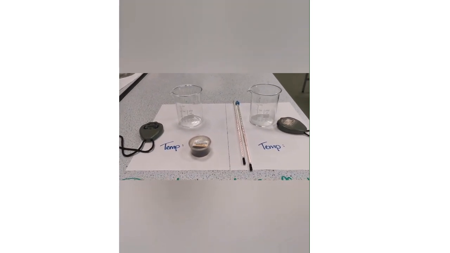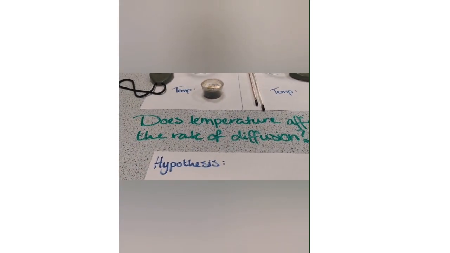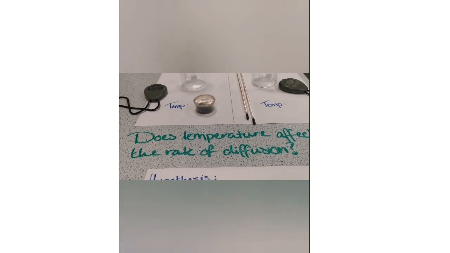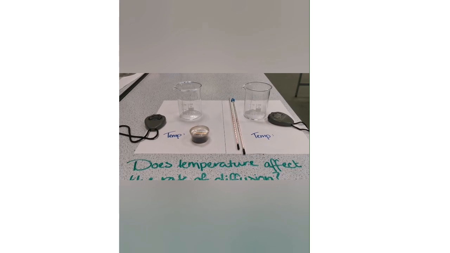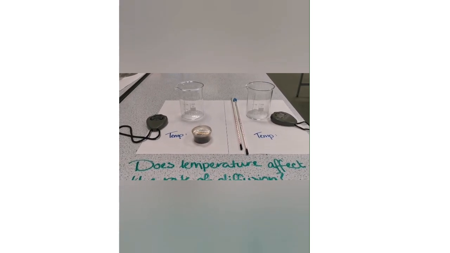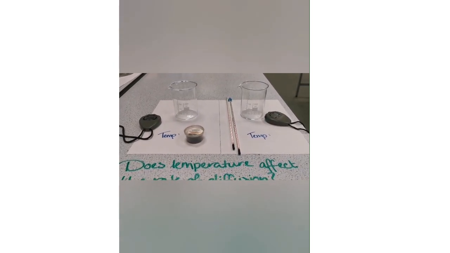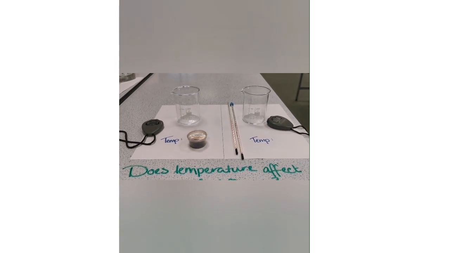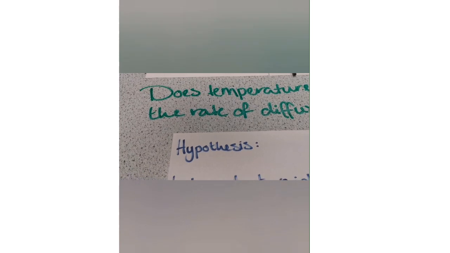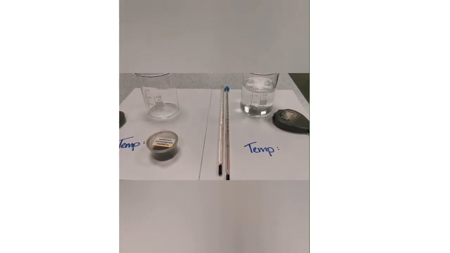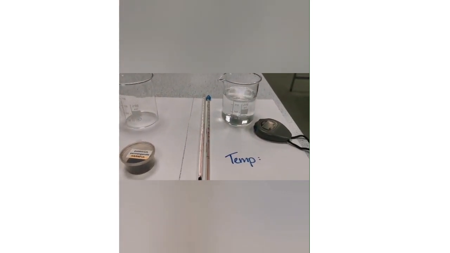If you can make a hypothesis, that's brilliant. It is even better if you can explain why you think that's the case. Why do you think it's going to be faster in cold, or why do you think it's going to be faster in hot? Think back to earlier and see what keywords you can use. Make your hypothesis now.